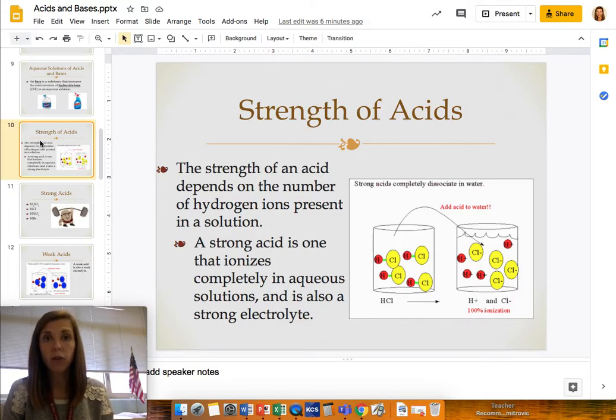But other things that deal with strength are the way that it dissociates in solution. So the strength of an acid depends on the number of hydrogen ions present in solution. A strong acid is one that ionizes completely, so a complete dissociation. You can see here in this image we've got H bonded to Cl, right?